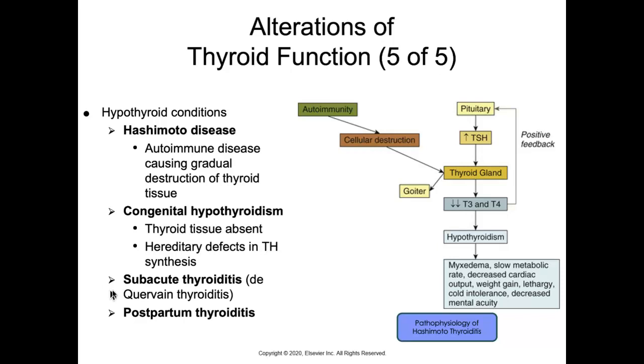And what's interesting is that it can develop after having a viral infection, and we typically see this taking place more with respiratory viruses such as influenza or the COVID virus, and it develops about 2 to 8 weeks after that viral infection. Lastly, we have postpartum thyroiditis, and this develops up to 6 months after giving birth and is, of course, similar to the subacute thyroiditis.